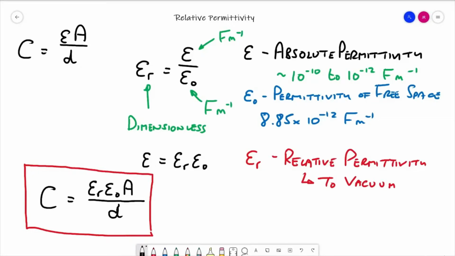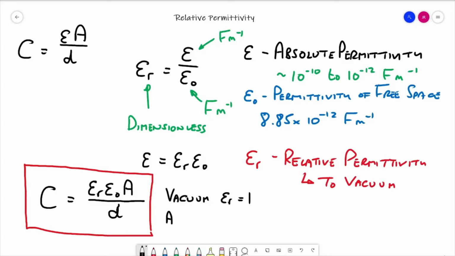Now, just to give you an idea of some values for relative permittivity, there's absolutely no need to learn these whatsoever in an exam. They're going to be either given to you or you'll be working them out yourself, just for illustrative purposes really. When we're talking about a vacuum, by definition, the relative permittivity is 1.